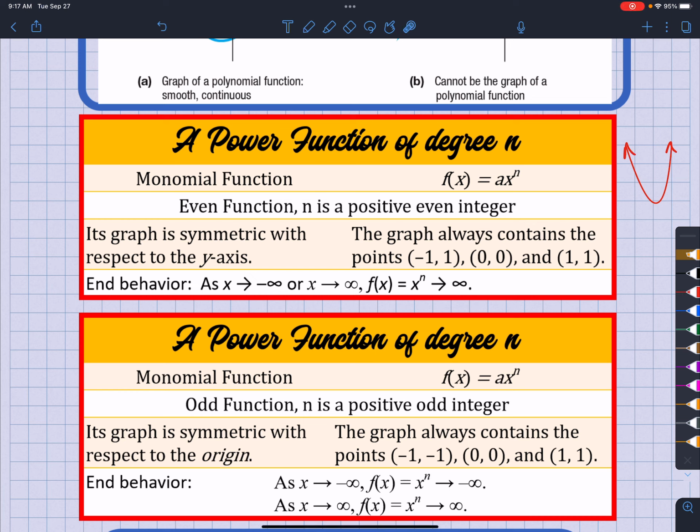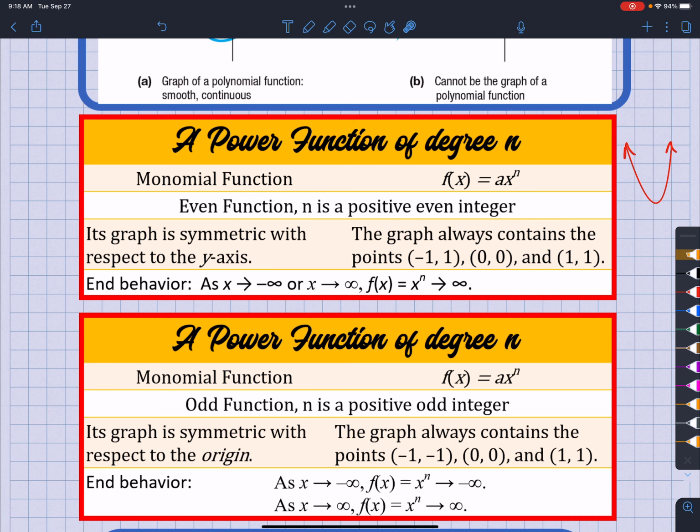Meaning as I go to positive infinity on the x, my y value is going to go to positive infinity. And as I go to negative infinity on the x, my y value is also going to go to positive infinity. This is also considered the end behavior of the graph, okay?